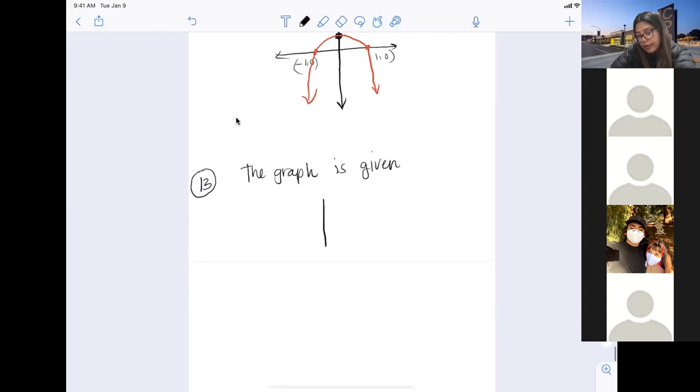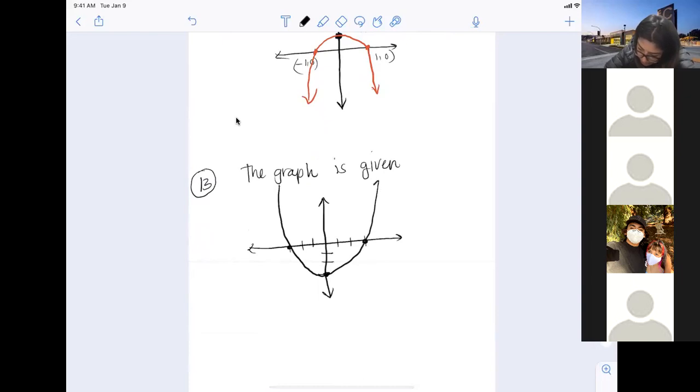And say I give you a graph like this. And I have intercepts, one right here, and one right here. And my graph looks like this.